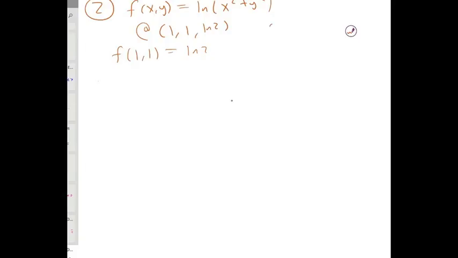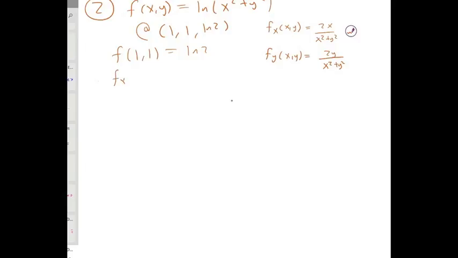Our x derivative, and I'll use this notation now, is 1 over x squared plus y squared times the x derivative of that, which is 2x, and likewise our y derivative is 1 over x squared plus y squared times the y derivative of that, which is 2y.